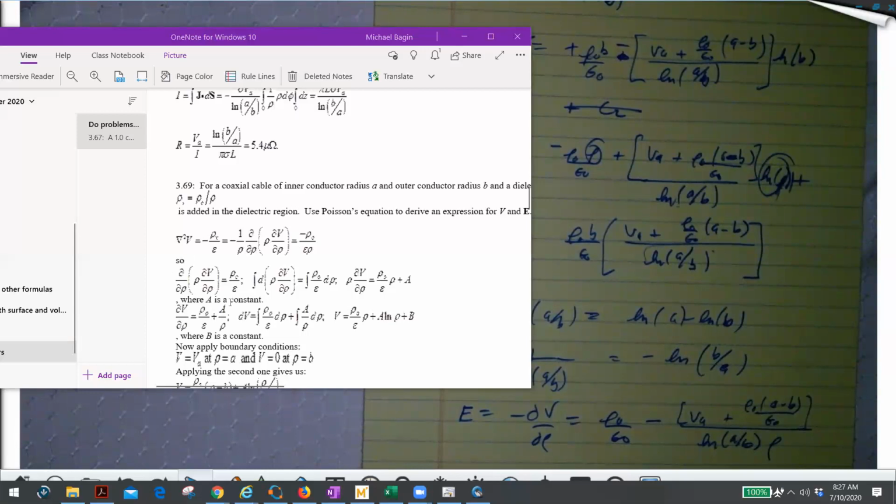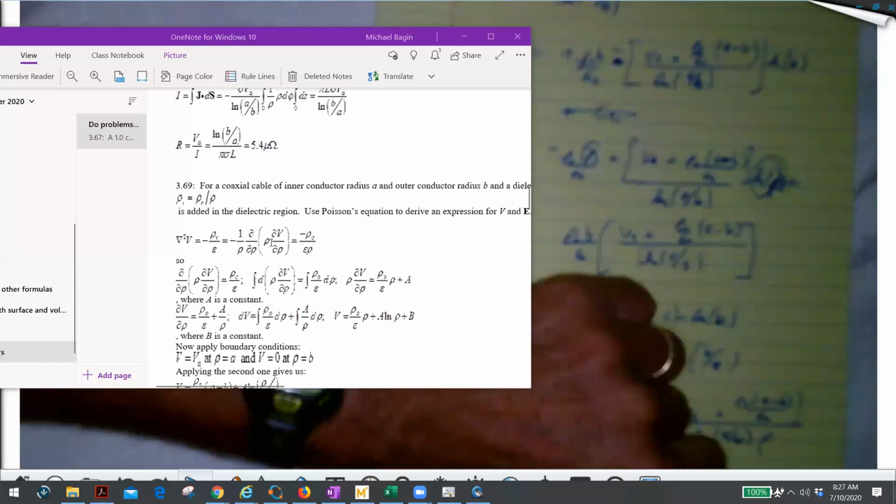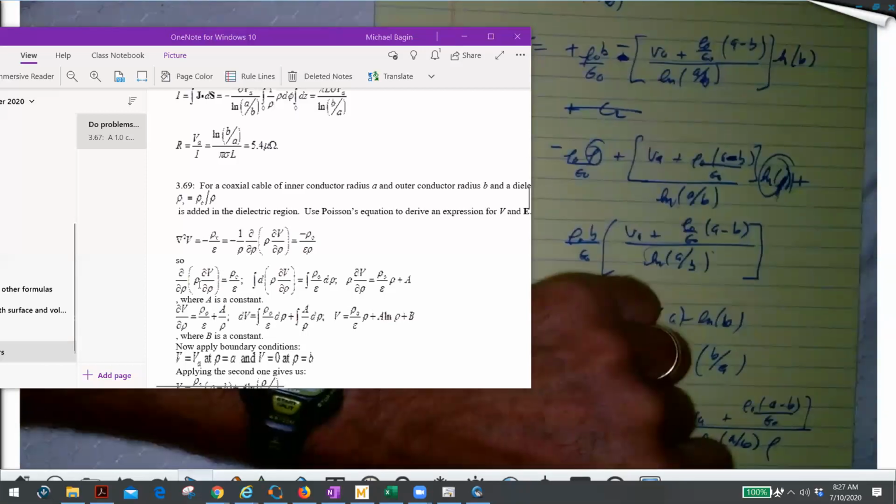Well, what he does, he's trying to translate this equation right into here, okay? Right. And when he does it, he has 1 over rho times dv d rho is equal to, and this should be rho 0 over rho epsilon with a minus sign right there in front. And you're right, he doesn't do that.